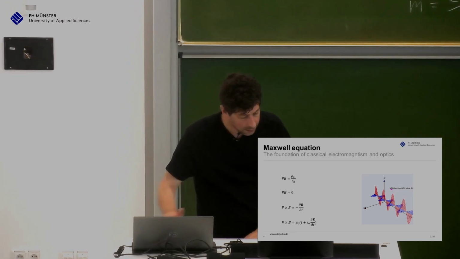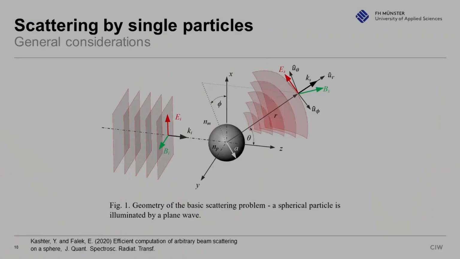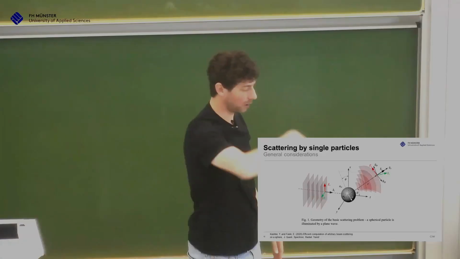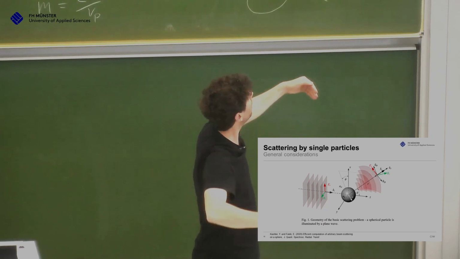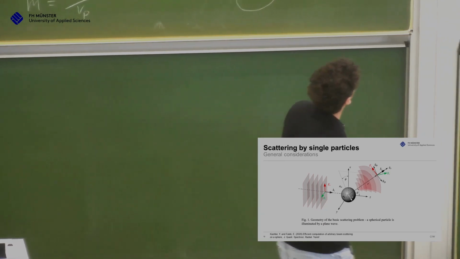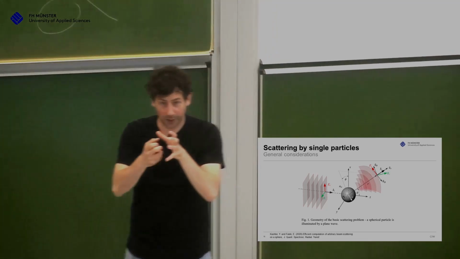So here I really like the picture for you to understand how it's going. In the Maxwell equations, we always keep it simple. This means we think about an incoming wave, and the incoming wave is a planar wave. As you see there, it goes up and down, it oscillates, but it's just one plane. But as soon as it hits a particle, it changes because it interacts with the particle.